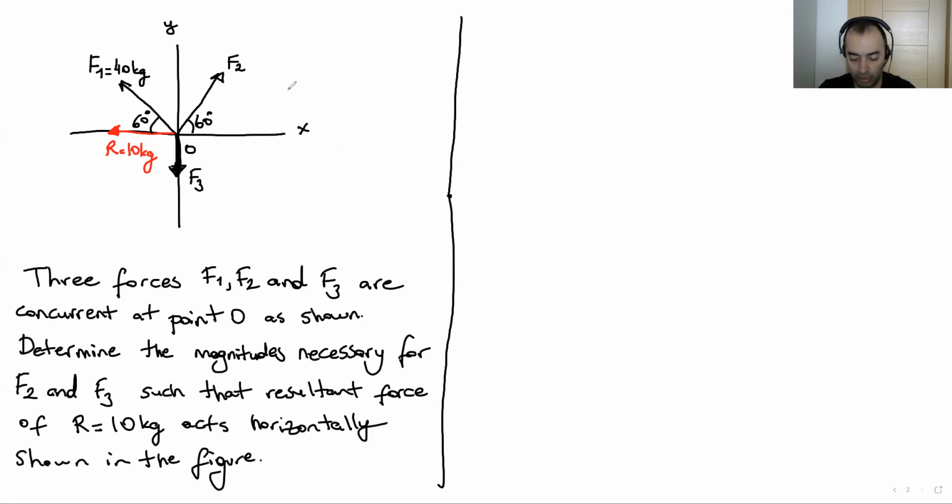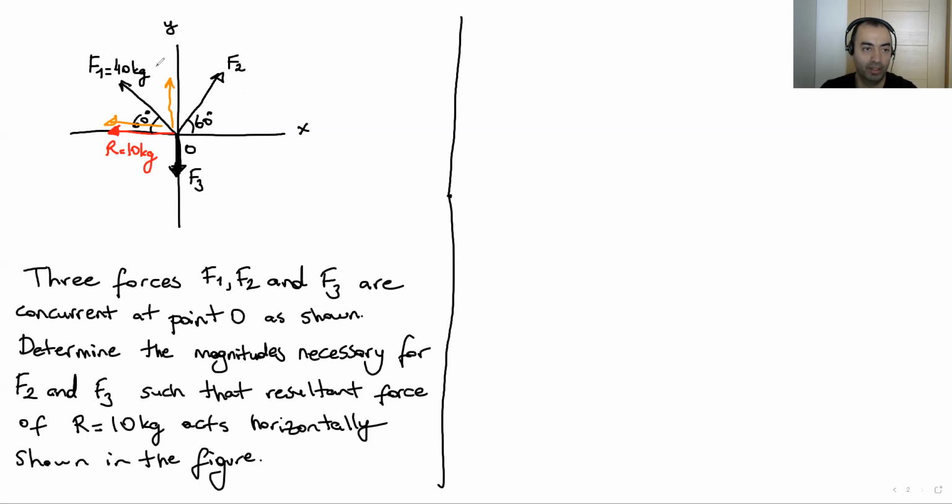Firstly, 1, 2, 3 forces. Let's resolve all these forces. The first one is F1. The vertical component is this. This is the horizontal component.